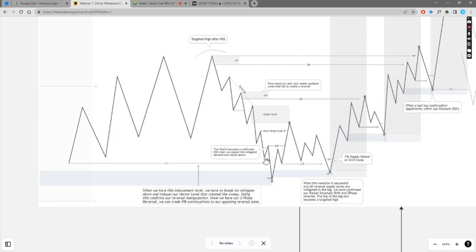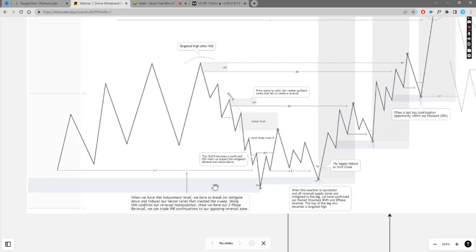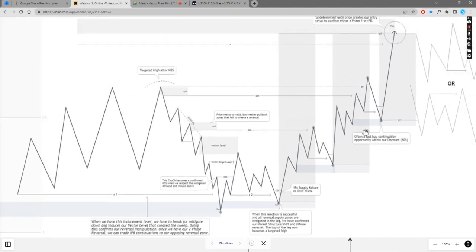So we always want to spot our manipulation, so if we're spotting it here, it's just past this accumulation, okay? Once we have our two-phase reversal, which is something we have to go over in the future, and it's in very different forms, so there's a lot more to it with the two-phase reversal, but other than that, if we have our two-phase reversal, we can trade inducement pullback continuations, okay?